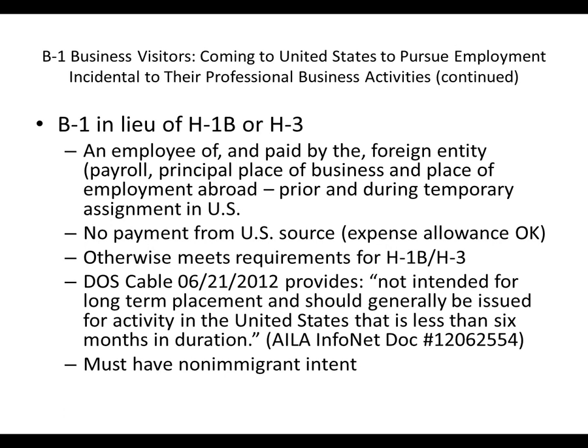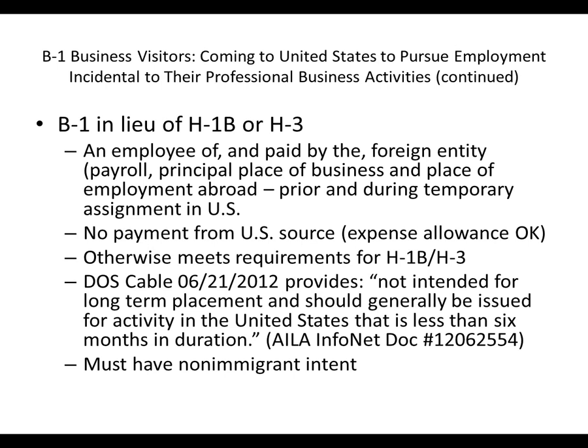But maybe if you're just doing a much shorter training program that might be a week or 2 weeks or 3 weeks, or maybe even 5 weeks or 6 weeks, then maybe the B-1 in lieu of H-3 would be the best way to go, rather than jumping through all the hoops created by USCIS.